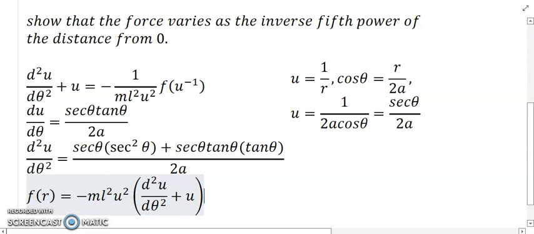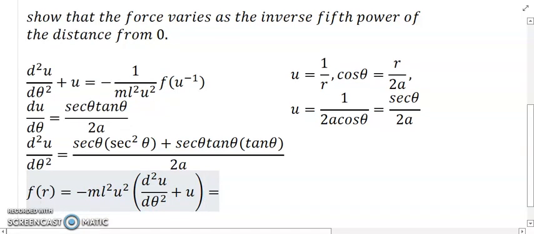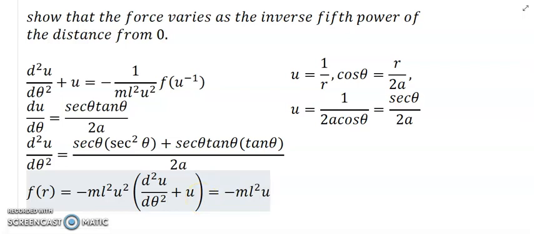Here we're gonna have it like this, and this is equal to negative m l squared u squared, inside the parenthesis.